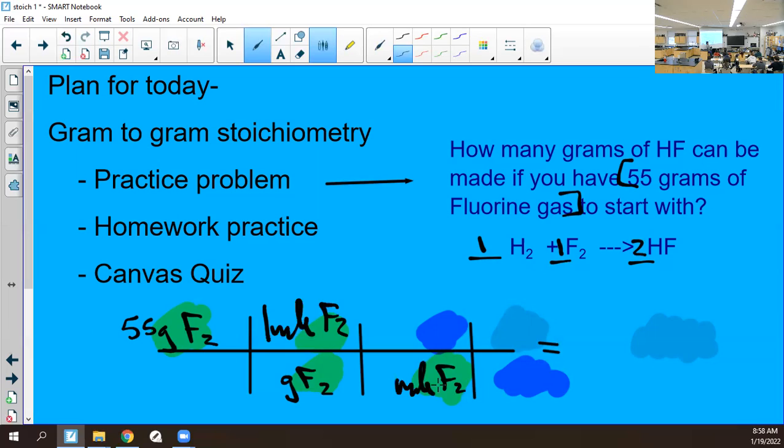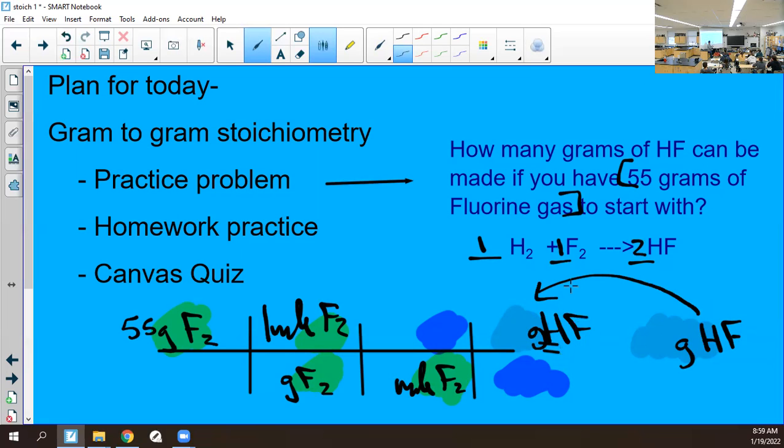Okay, if we know where we start, we keep going till we get stuck, and then we go backwards, right? So I go to the end. I want to solve for grams of HF. And then we know the unit at the end is the unit at the end. We all right with that?